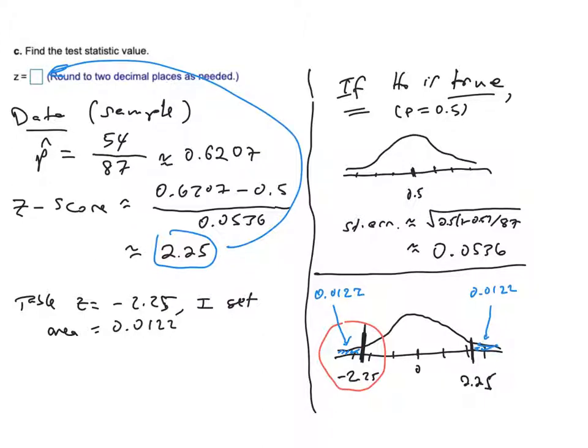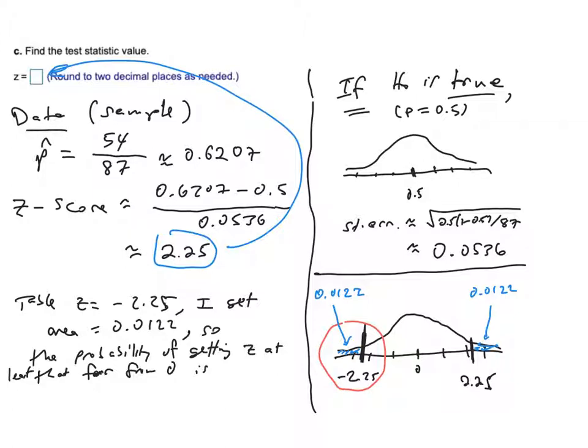And so the probability of getting a p-hat that's that far away, well, I'll say it in terms of z, of getting a z that far away from 0, and I should say at least that far away from 0, is just the sum of those two areas, so 0.0244.